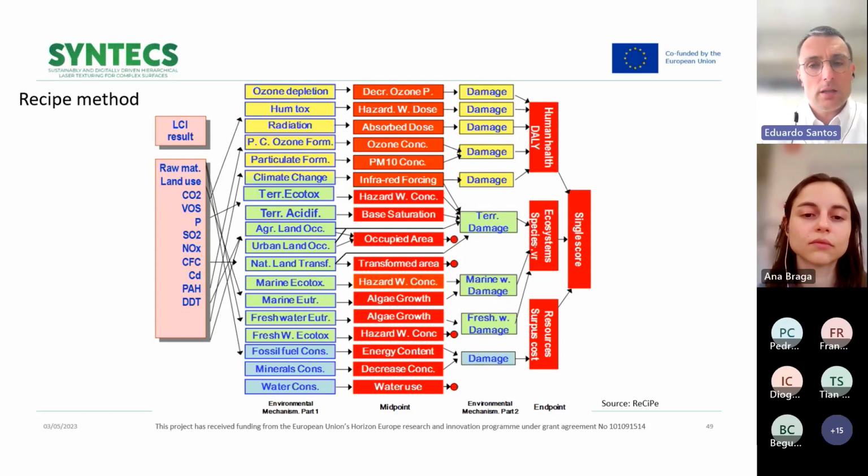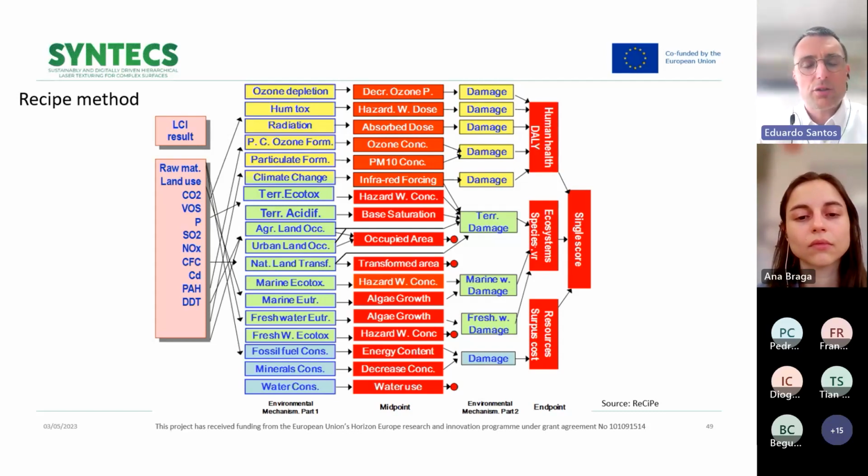But the science has developed very much, and there are a lot of studies done, and they allow us to have factors that correlate one with the other. And so today it's possible to have endpoint indicators especially in terms of human health. So it's a unit which is DALY, which is disability adjusted life years.